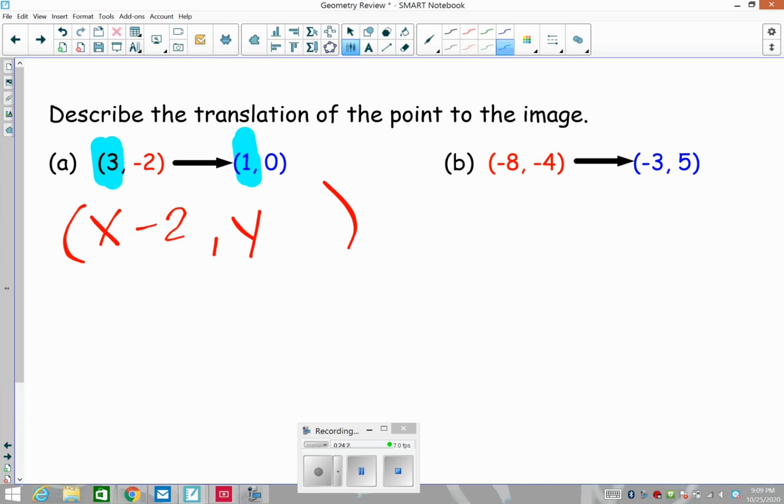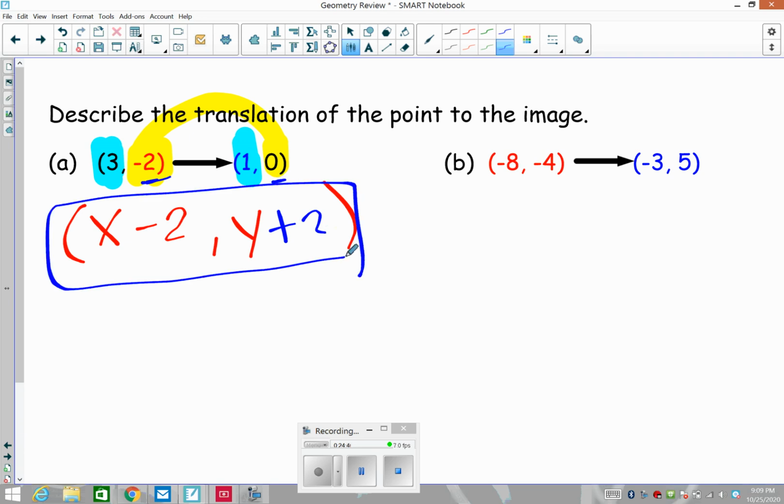And when we go from the y, which is -2, and translate to 0, we're increasing. The first time we were decreasing, my fault. We're increasing 2 units because we're going from -2 up to 0. So this would be the description of the translation using an algebraic way to describe.